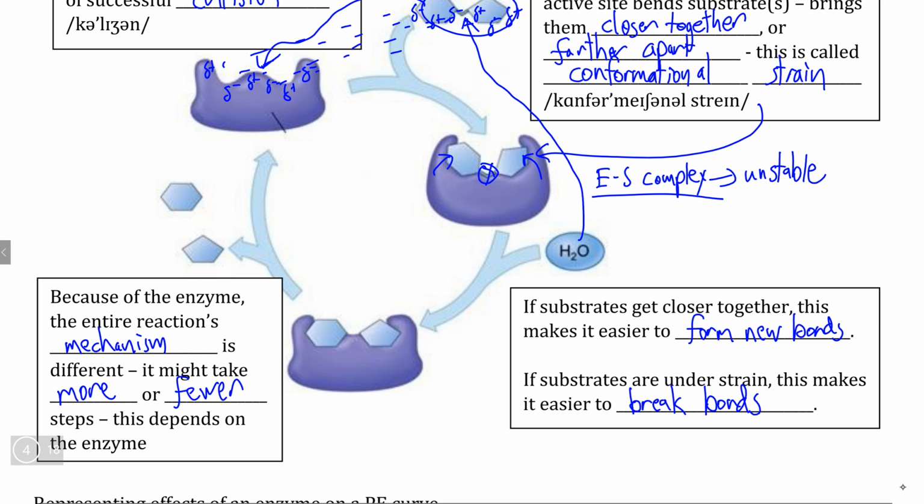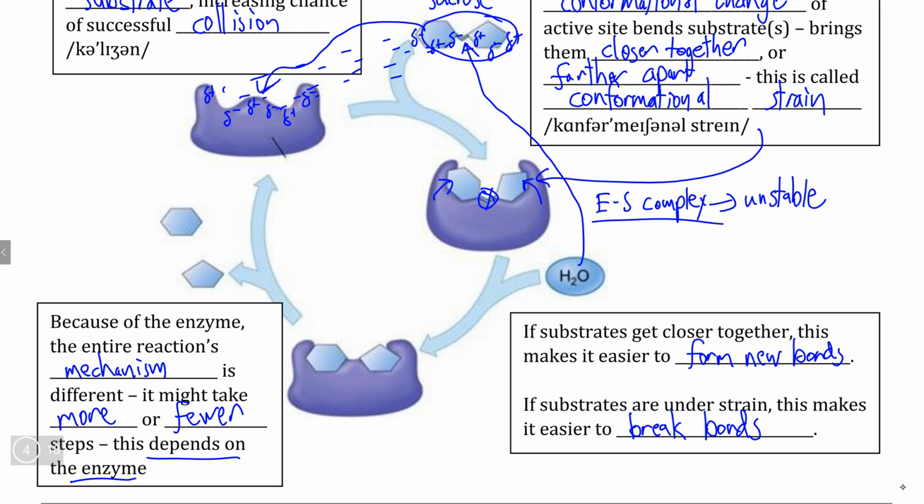This is inherently impossible to predict because it depends on the enzyme and the starting reaction that it is trying to catalyze. But the point is, the conformational strain created by the active site either makes it easier to form a new bond, or in the case of this hydrolysis reaction, to break a bond once the water is added in.